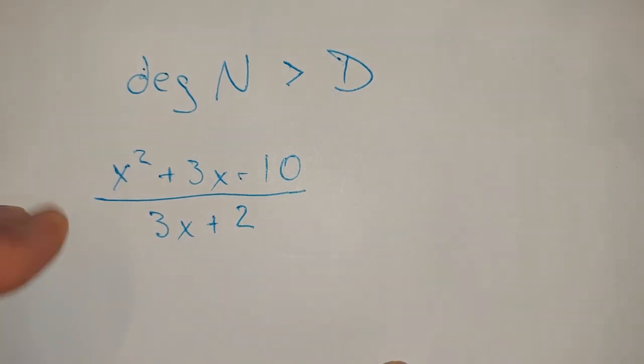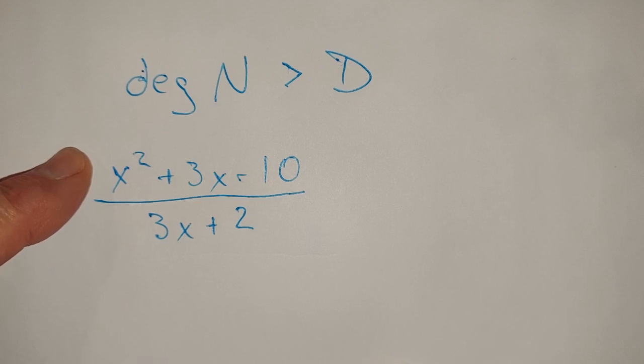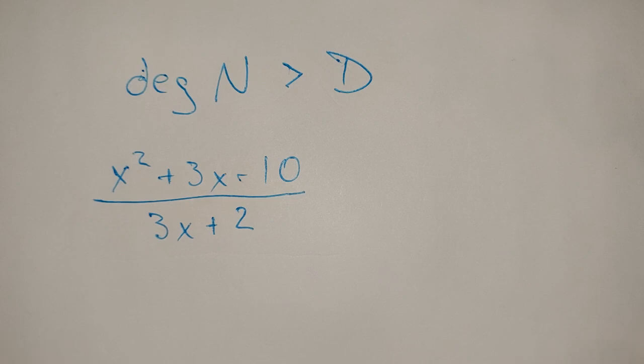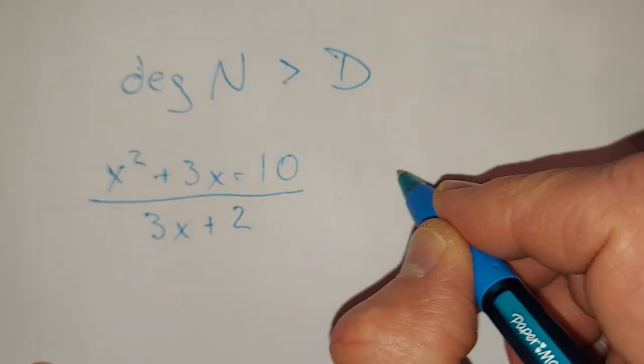Well, it would seem that the numerator is going to get bigger as x grows, whether positive or negative. The numerator will get bigger than the denominator. So there's no limit. In other words, no horizontal asymptote. Actually, there is an asymptote but it's at an angle, and we call it a slant asymptote.